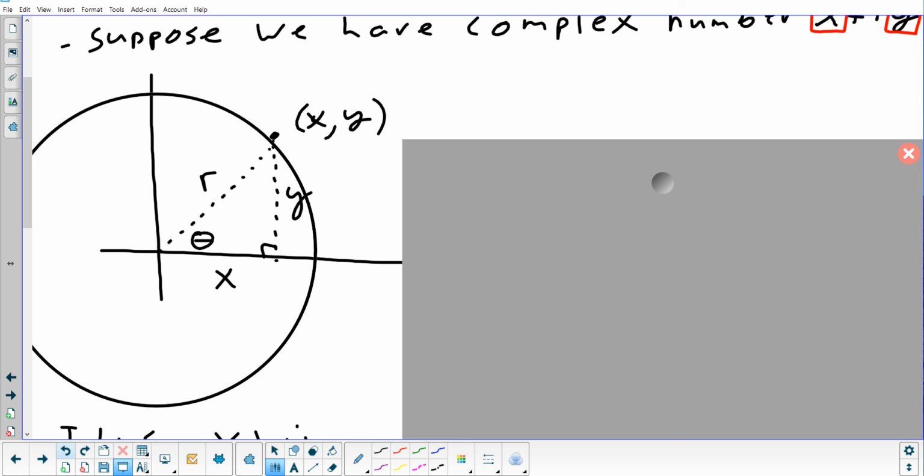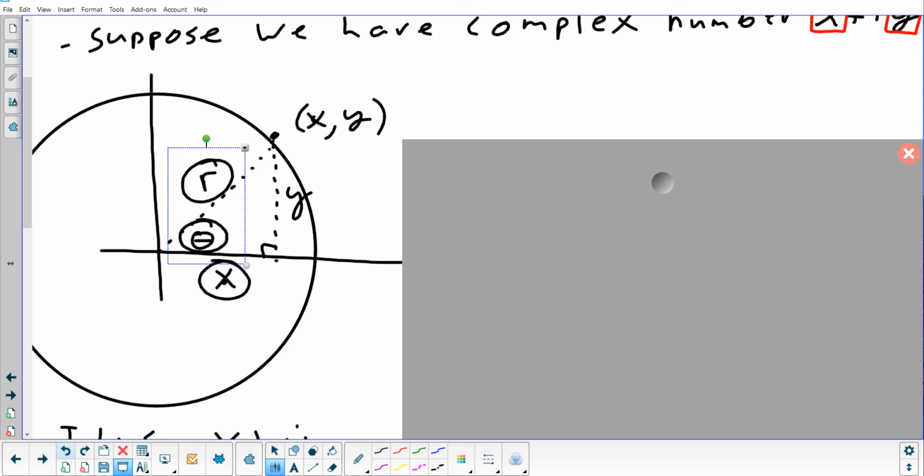So let's start by replacing x in my formula. Here's x. Here's a distance from the origin. Here's an angle that represents a certain amount of rotation counterclockwise. What trig function would relate x and r?